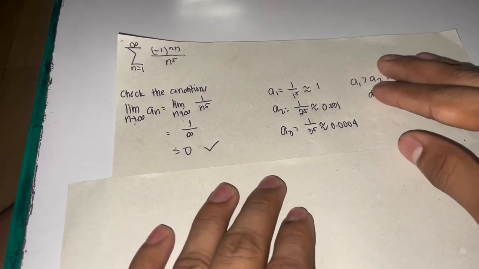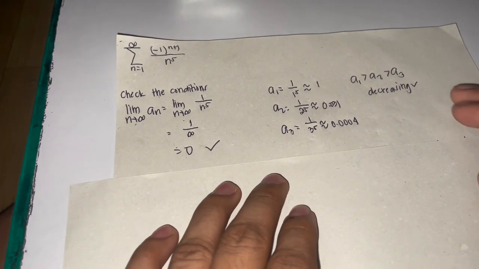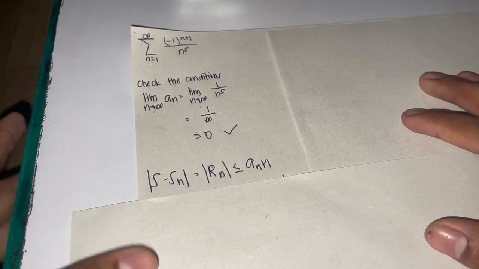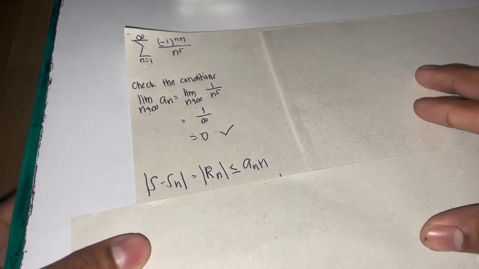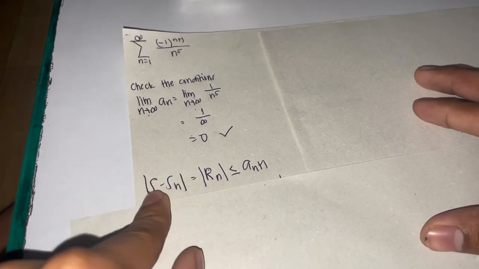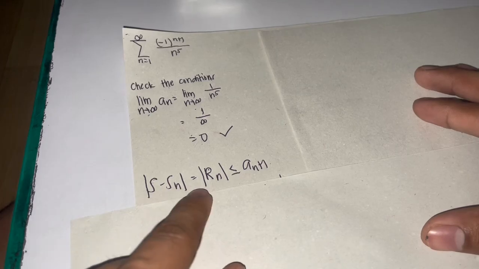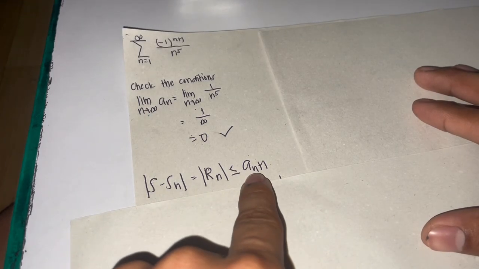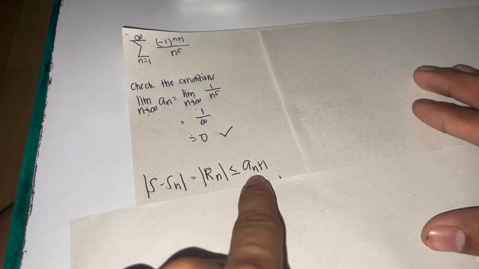Now, we have the formula: the absolute value of the infinite sum minus the partial sum is equal to the error, which is less than or equal to a sub n plus 1.